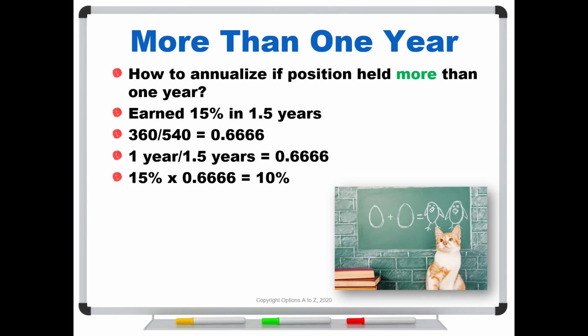If you earned 10% in a year and you continued to earn at that rate, you would earn another 5% in the next half a year. So that would be your 15% in a year and a half. So to summarize, if you earned 15% in 1.5 years, you should say that you earned at the rate of 10% per year. That's your annualized return.